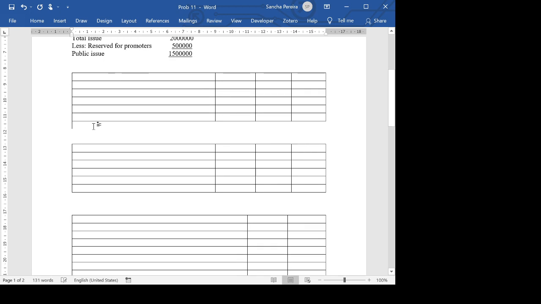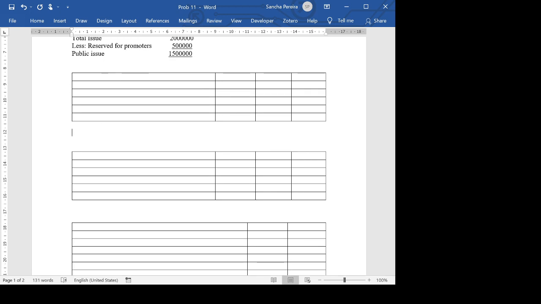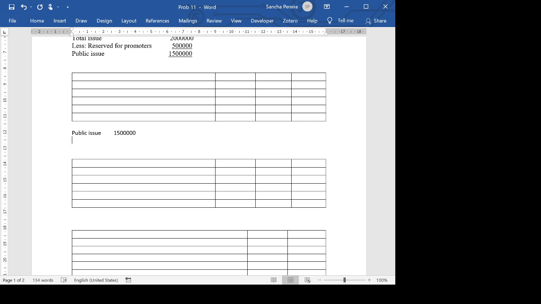Out of public issue, total public issue is 15 lakhs, less firm underwriting.